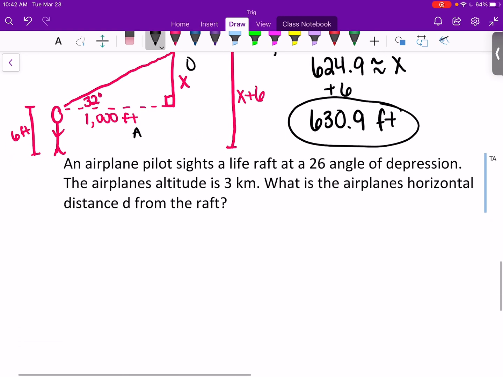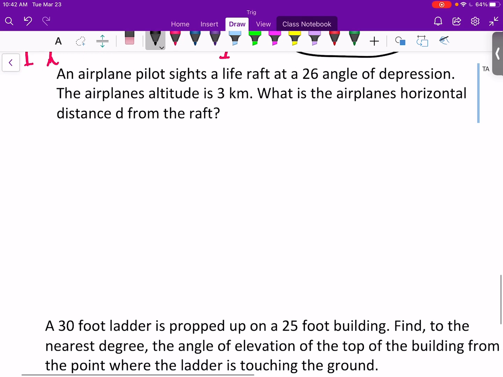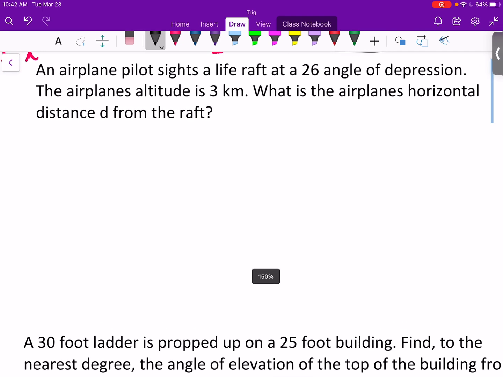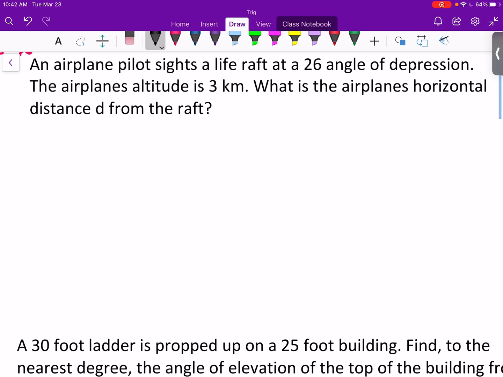Let's try another one. Instead of an angle of elevation, we now have an angle of depression. It says an airplane pilot sights a life raft at a 26 degree angle of depression. So here's my airplane up in the sky.